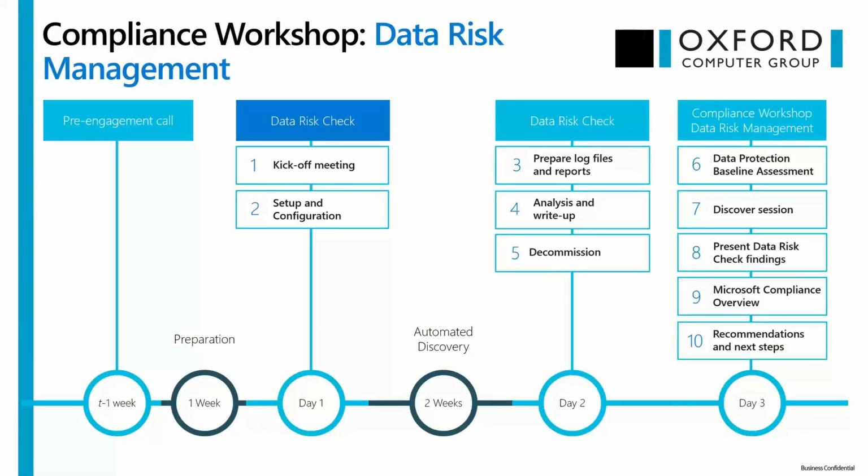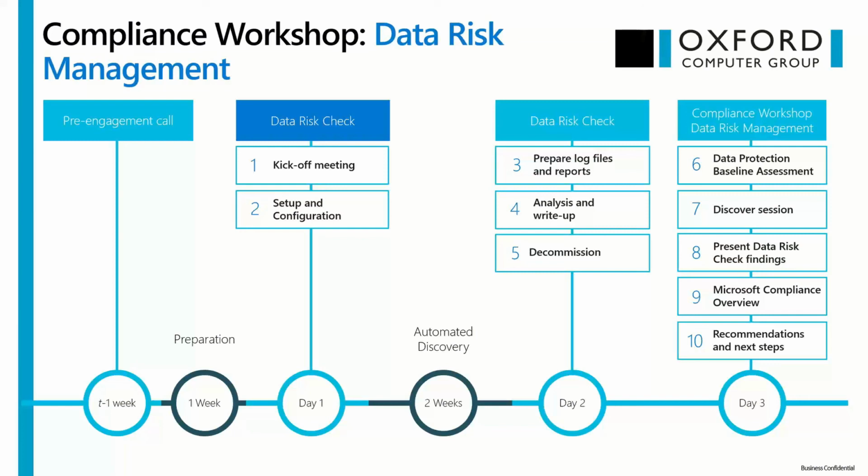And this is a rough outline of what the engagement looks like, starting with a pre-engagement call, preparing the environment for that data risk check, doing that automated discovery, preparing the reports, decommissioning anything that was put into the environment, of course, if it was just for trial purposes.